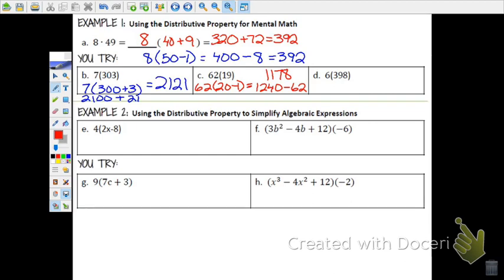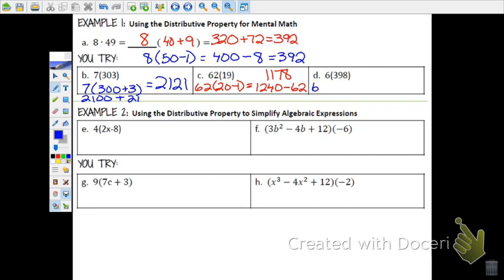For D, again, you could use addition or subtraction. If you're using addition, you would need to split this up 3 ways, 300 plus 90 plus 8.